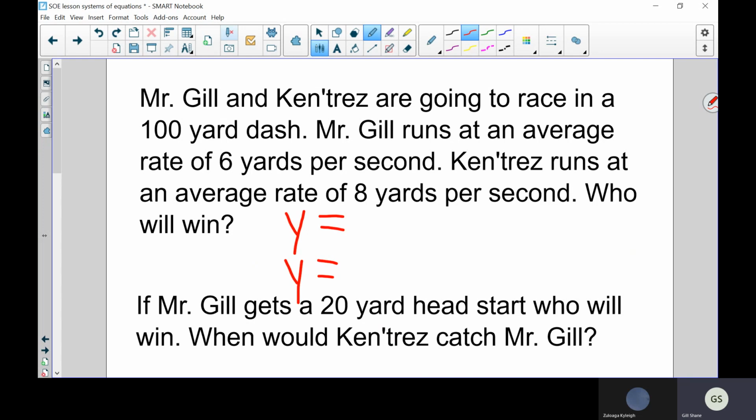Starting number for me, we'll say 20. What am I adding? So I'm at 20 yards. What am I adding to my 20 yards? I'm adding 6 yards, and 6 yards per, which means multiply. What's next? And what's that stand for?